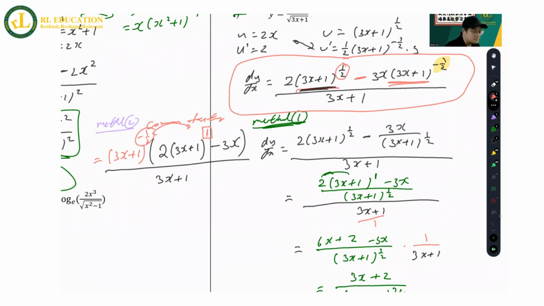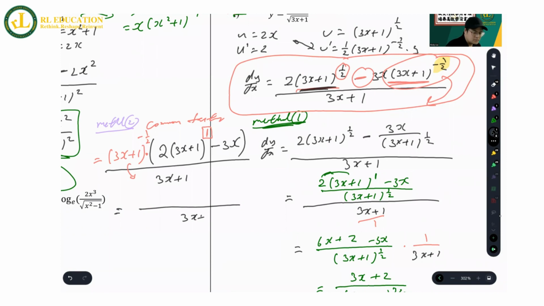Yeah. How come this is much better? Because listen to this. Just now I said that this cannot go down to the denominator because you got a minus. You got 2 terms. But if I take out the common factor, that becomes 1 term. So this goes straight to the denominator. Much faster. So that equals 3x plus 1, and then this goes straight to the denominator, 3x plus 1 to the power of a half.